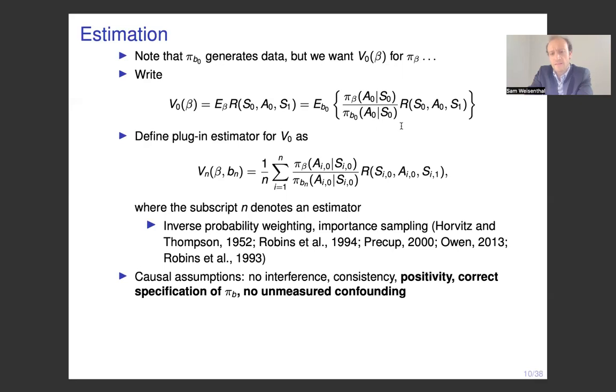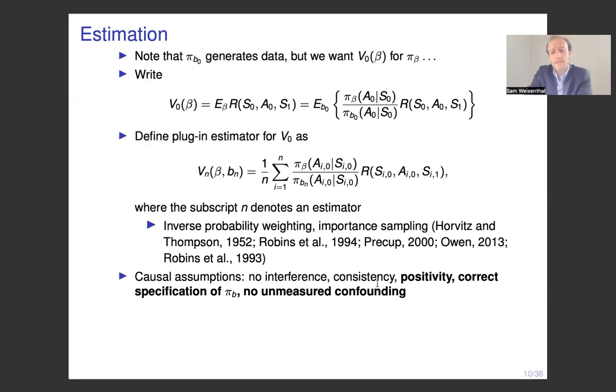So you essentially need to observe enough variation in the treatments that are prescribed in the data for a given patient to estimate something like this counterfactual. If you don't observe that variation, you can run into trouble. Also, if this is ever zero, you could end up dividing by zero, which could be problematic.